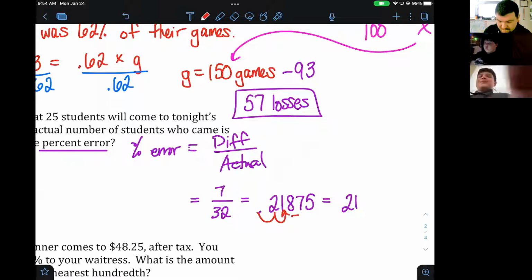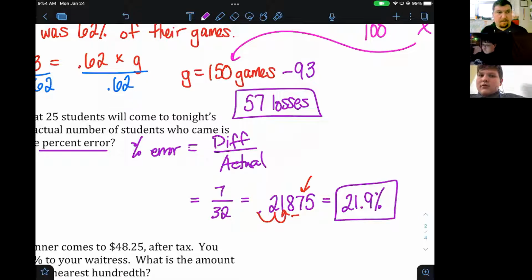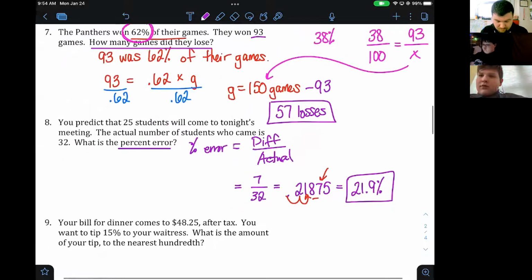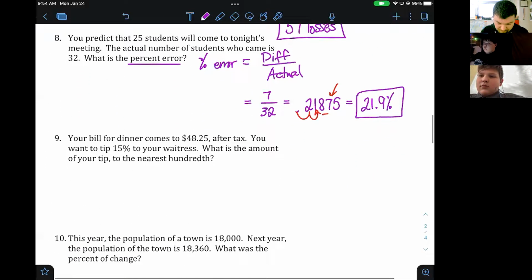So I'm just going to go 1 decimal place, which is the 8. However, this 7 is going to bump the 8 up to a 9. So we'll say this is just close to 21.9% error. Again, I'm rounding to 1 decimal place because it didn't tell me what to round to. So I'm just going to assume 1 decimal place.